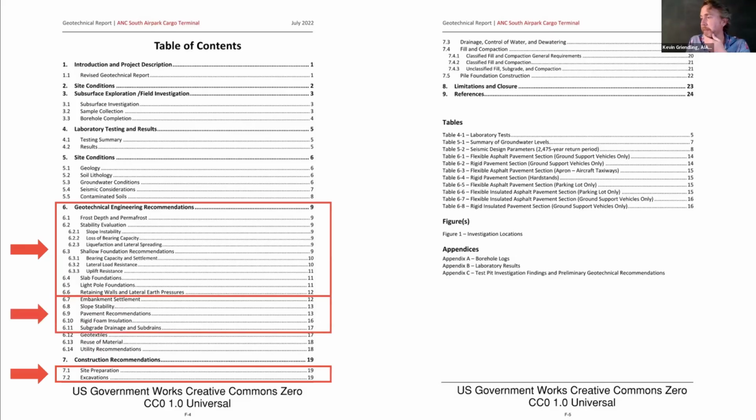The next most important piece is settlement and movement. We need to understand if we're going to choose a shallow foundation or a deep foundation, or if we have two different options of a shallow foundation, how it's going to behave with the soil that is there, and what risks are present if we choose certain options.